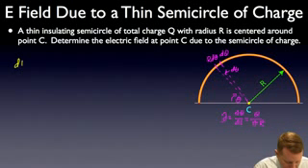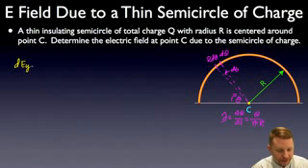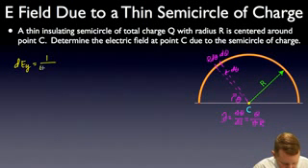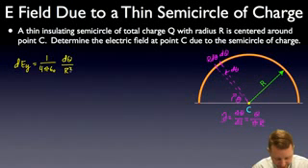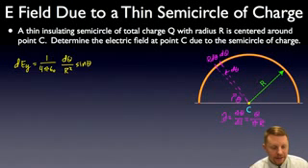So the differential of the y component of the electric field is going to be 1 over 4 pi epsilon naught, the permittivity of free space, times our charge dq over our distance from that charge squared, r squared. And since we're just looking for the y component, that'll be times the sine of theta. Now that dq we already defined.